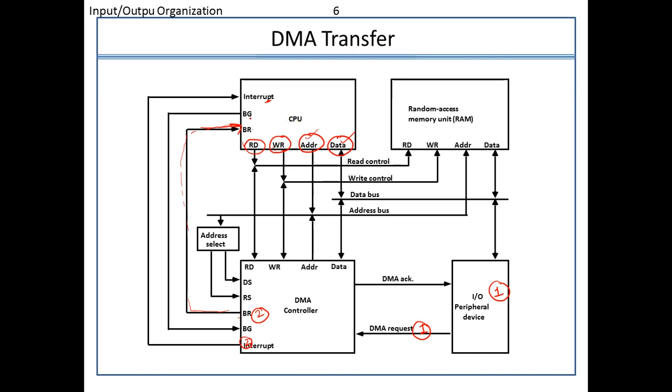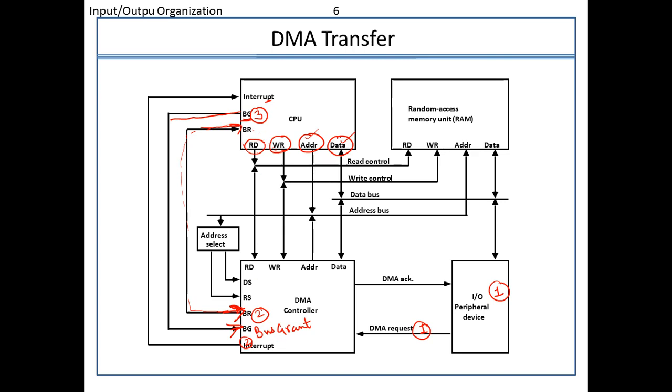If the CPU accepts this bus request, then in return the CPU will send this BG signal. BG is the bus grant signal. So once the bus grant signal has been sent by the CPU, the arrow should go, sorry, this is the bus request, this is the bus grant, the arrow should be towards the DMA controller, right?